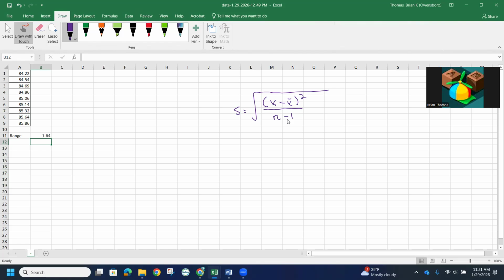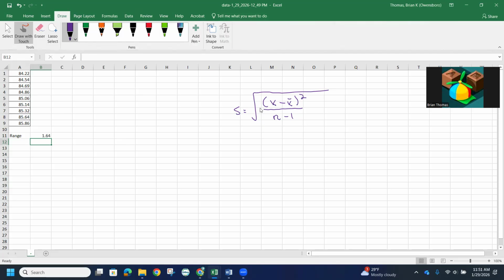That's just part of the research: the total frequency subtracted by one. So there's our formula. Notice x is our values here. X bar would be the mean of that data.